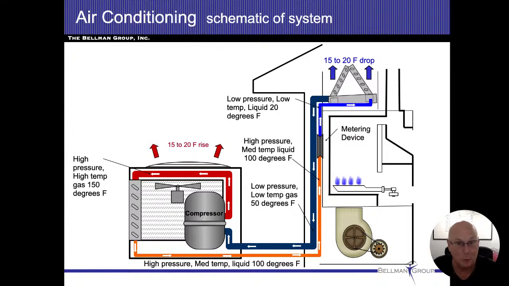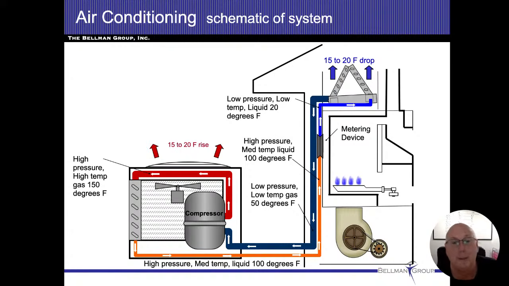Now I go into the indoor coil, liquid, low pressure, low temperature, absorbing the heat from inside the house, causing the refrigerant to start boiling, and that boiling converts it from a liquid to a gas. I'm absorbing BTUs from inside the house. In other words, I'm removing heat from inside the house. And now I'm going to have a gaseous state. It's still going to be under low pressure. It'll be warmed up until I get to the compressor.